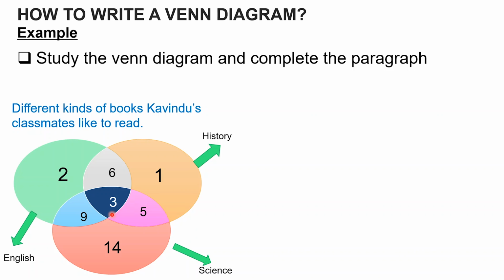Only 3 students are interested in reading all 3 types of books. According to the Venn diagram, the majority of the students like to read science books. It is the most favorite book among the students.